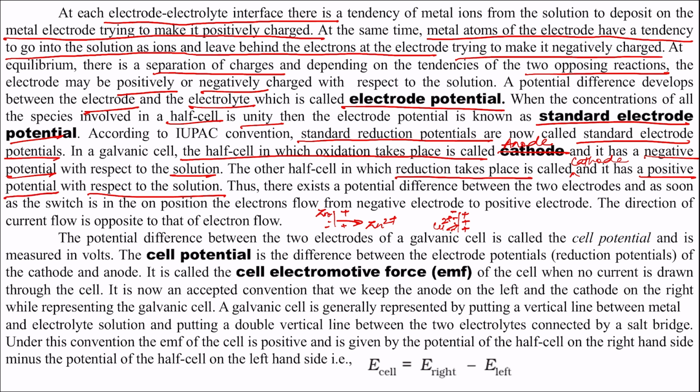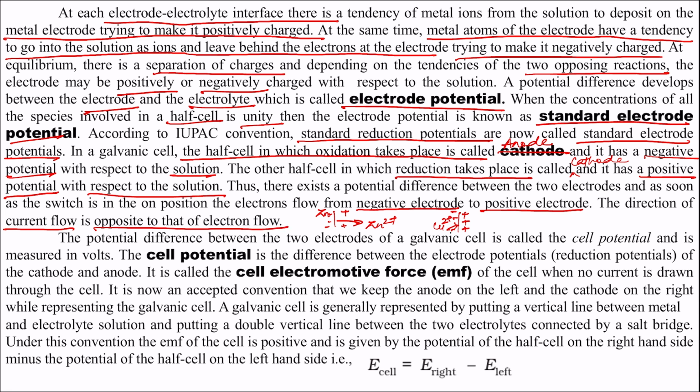Thus there exists a potential difference between the two electrodes, and as soon as the switch is in the on position, the electrons flow from the negative electrode to the positive electrode. The direction of current flow is opposite to that of electron flow.